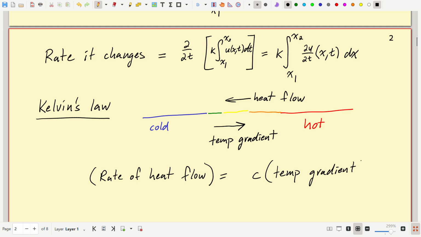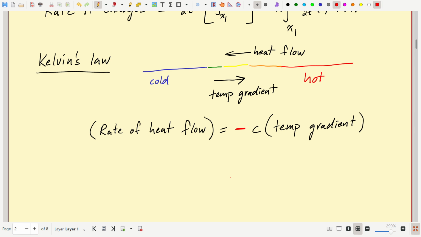But notice that it points in the opposite direction. And so it's important that there be a minus sign here, because it goes the other direction. If that temperature gradient was gigantic, the heat would be flowing really rapidly to the left, the opposite direction.